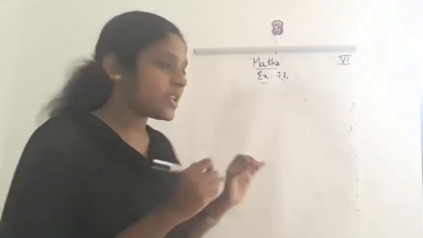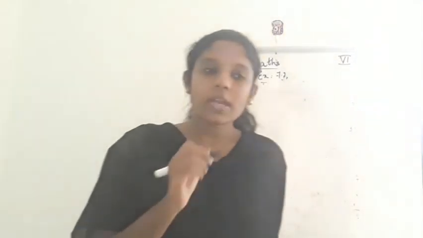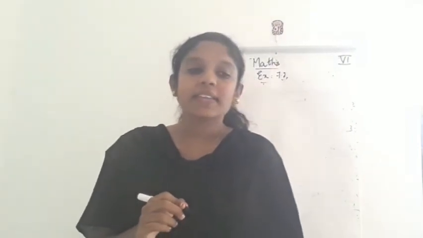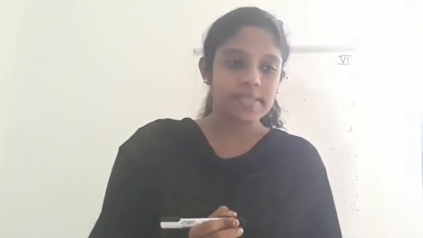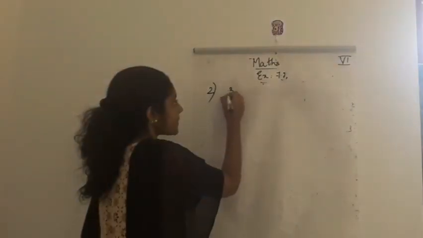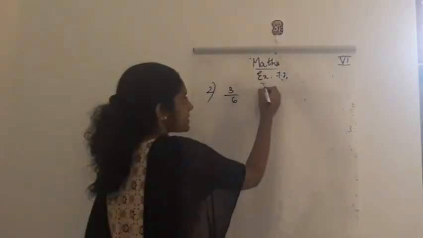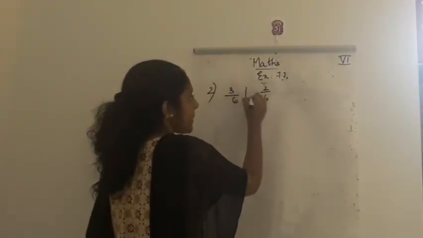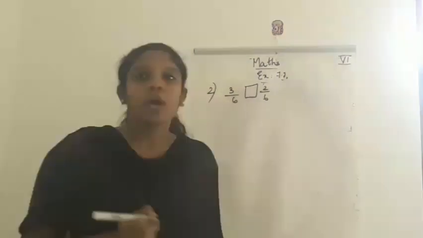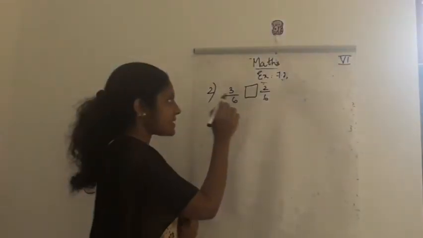Now we will move to the second question in your textbook: compare the fractions and put an appropriate sign. The question given is 3 by 6 and 2 by 6.